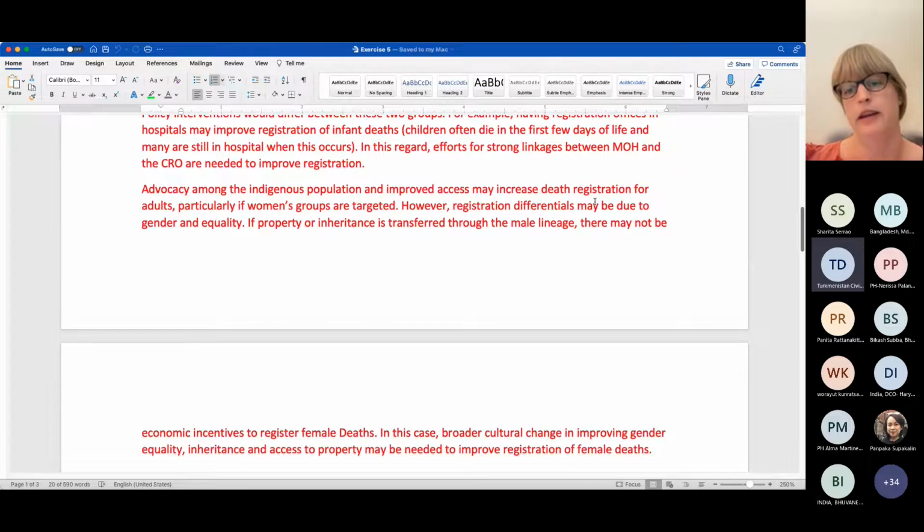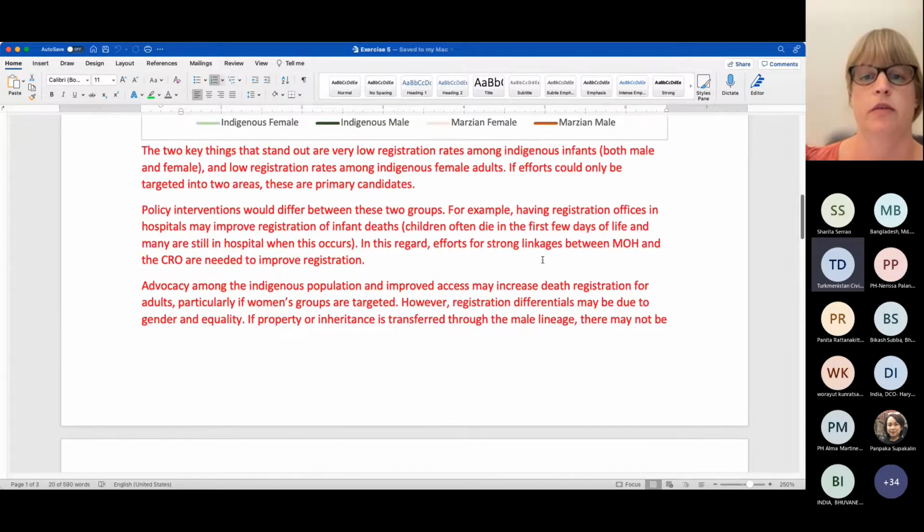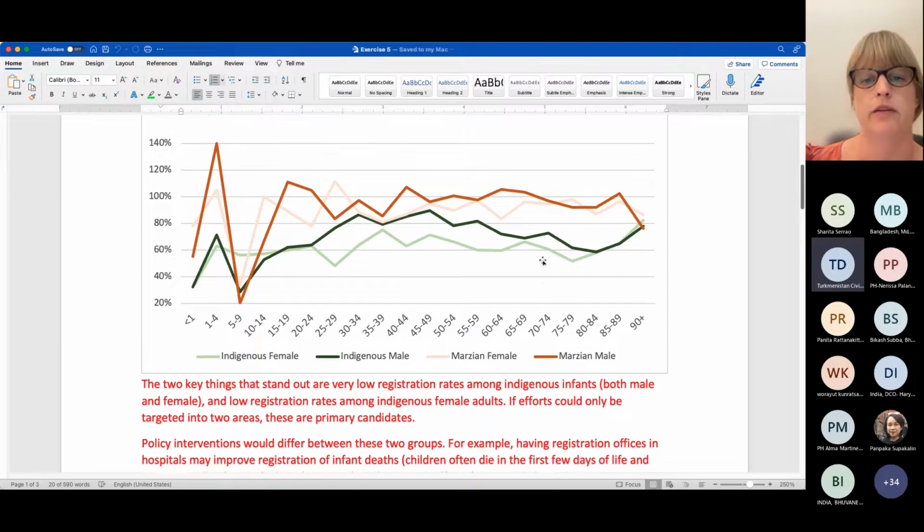In that case, there's almost a cultural shift that has to come about in terms of improving gender equality and maybe access to property or inheritance. So there are socioeconomic factors that could also be playing into the sex differential of why the females are registered less than the males. That might be a longer term, broader social and cultural intervention with policy implications.